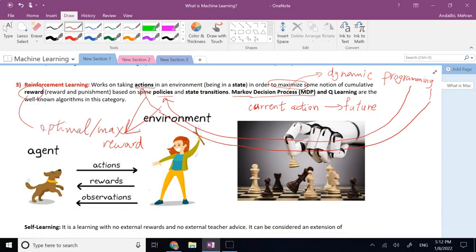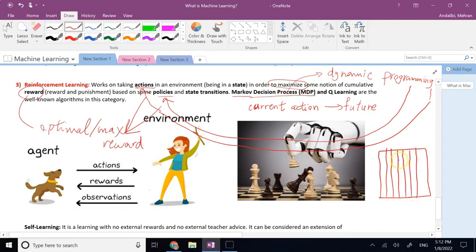Now, one of the other assumptions that the Markov decision process makes is if you are somewhere in one state at the moment, let's say you are playing chess or something, correct? So if you are in a specific state, then taking an action would deterministically tell you where you would land.